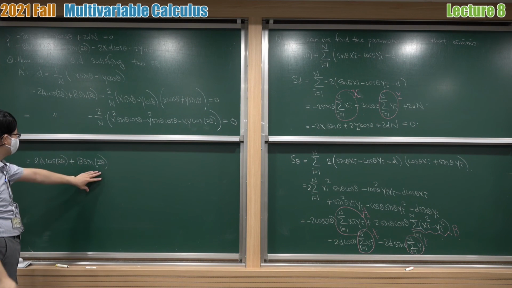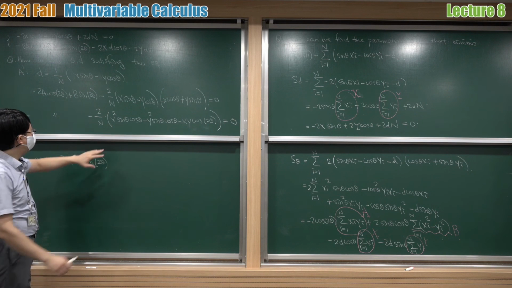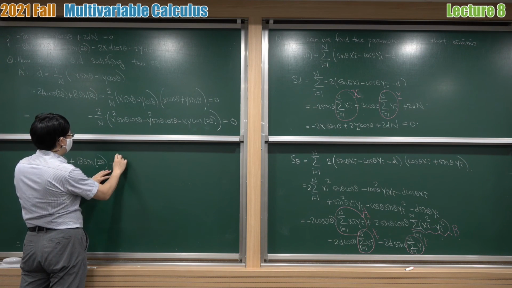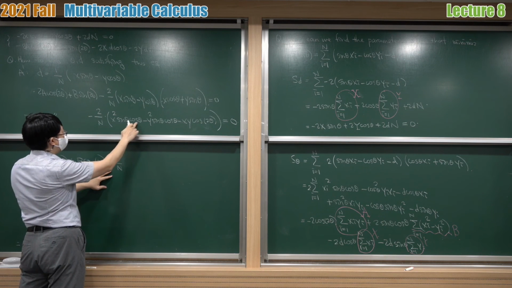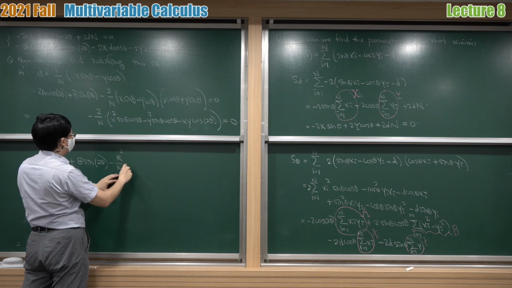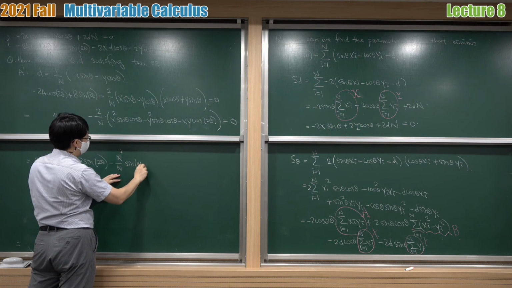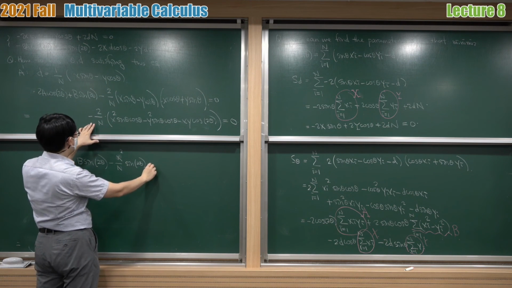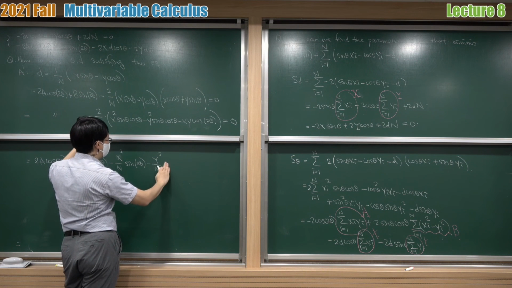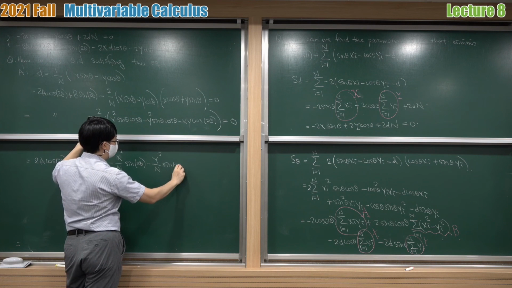And let's take here minus 1 over n times 2 times sine cosine. It's a sine 2 theta. So it's minus 1 over n x squared sine 2 theta. And also here we have minus y squared sine 2 theta.